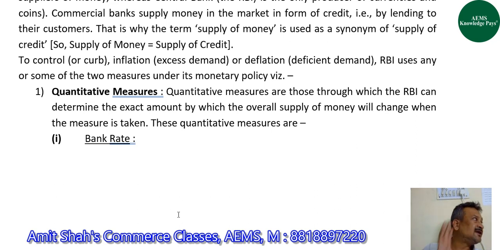I am allowing him 30 days credit. I give this to Atharv. At the end of that document, Atharv writes accepted, signs, puts his business stamp, and gives that document back to me. That document is called a bill of exchange, right?